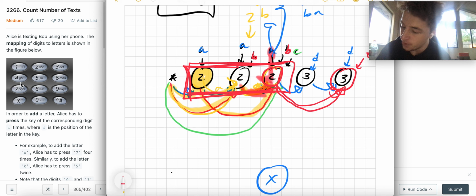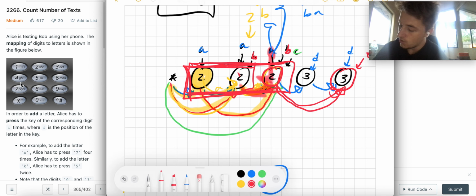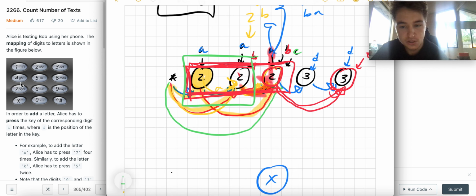Really, the 2 previous nodes, including yourself. For this system, where we get to this point where 2 occurred twice in a row, you can consider the last 2 nodes.